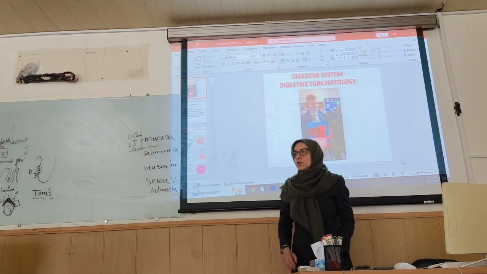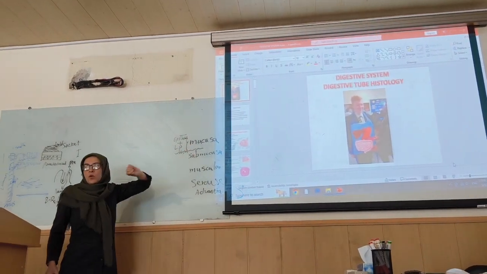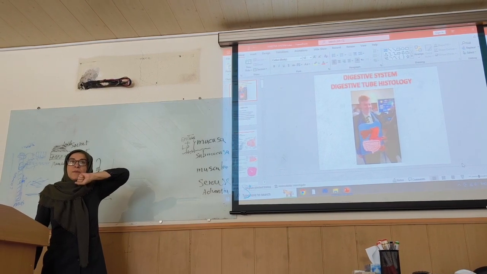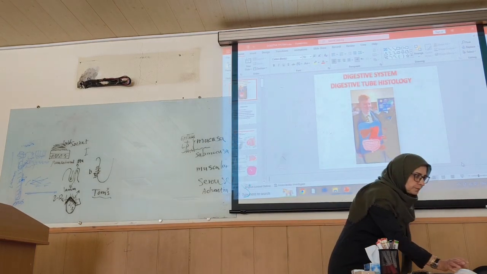The esophagus mucosal layer, as in the oral cavity, is a type of stratified squamous epithelium.